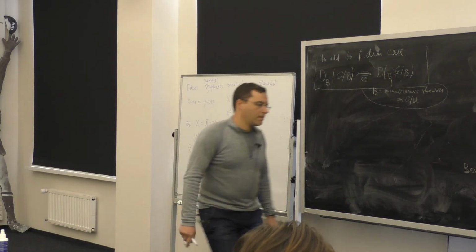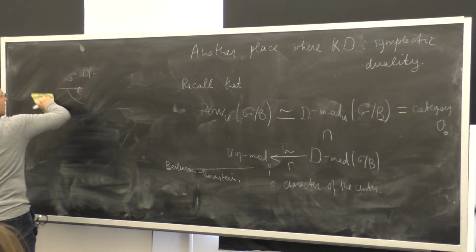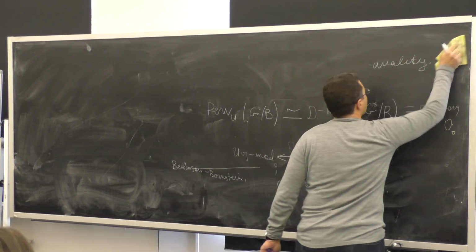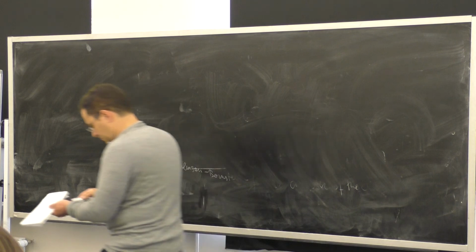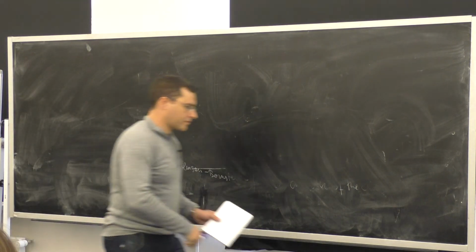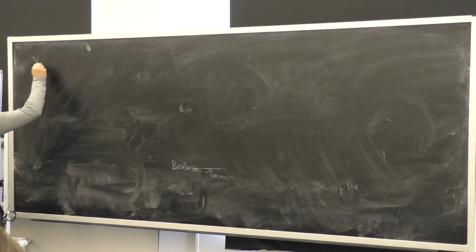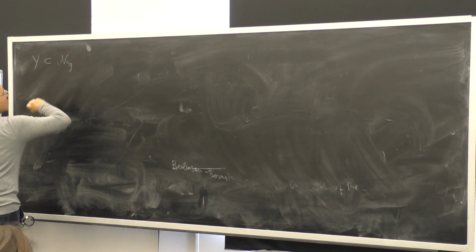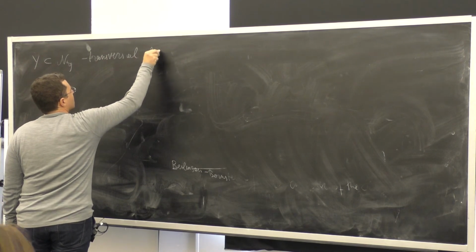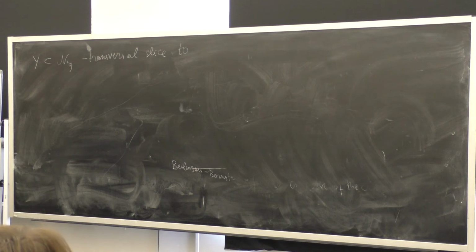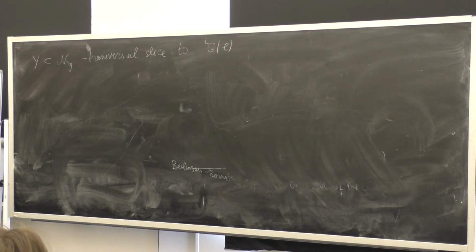And let's take Y dual inside the nilpotent cone for G dual to be the transversal slice to the orbit of E. You can take a transversal slice in the Lie algebra and then intersect with the nilpotent cone.